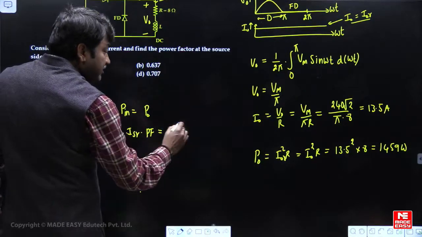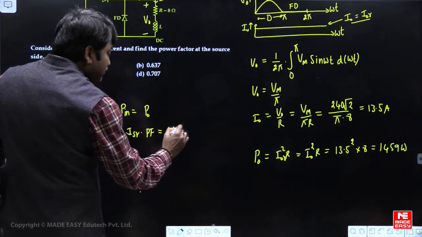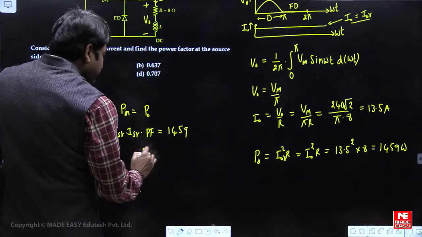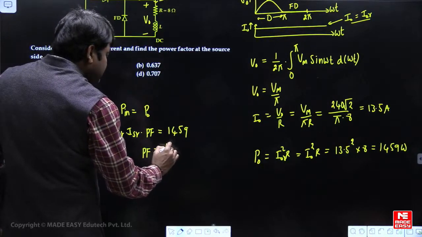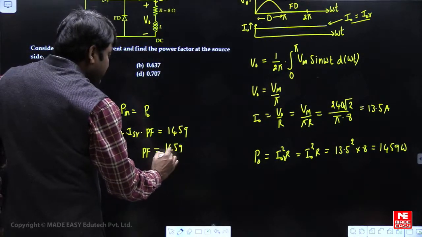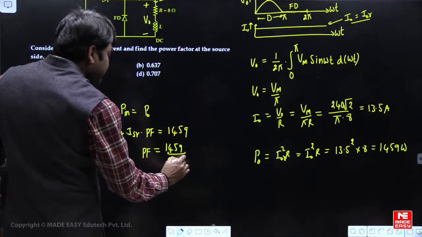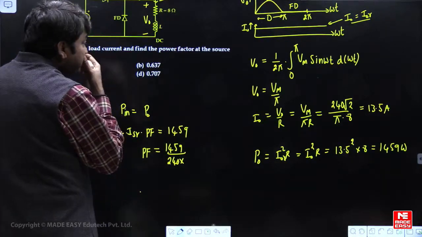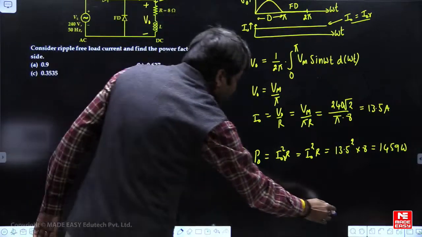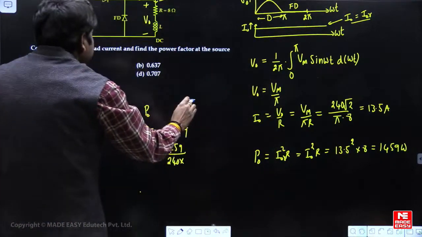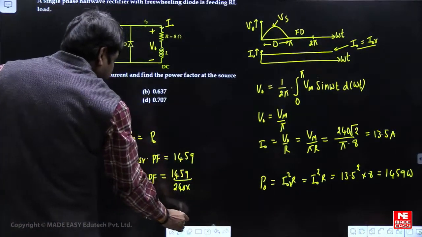Output power we already calculated as 1459 watts. So power factor is 1459 by supply RMS voltage, which is 240 volts, into supply RMS current. How do you find the supply RMS current here? Look at the circuit diagram.